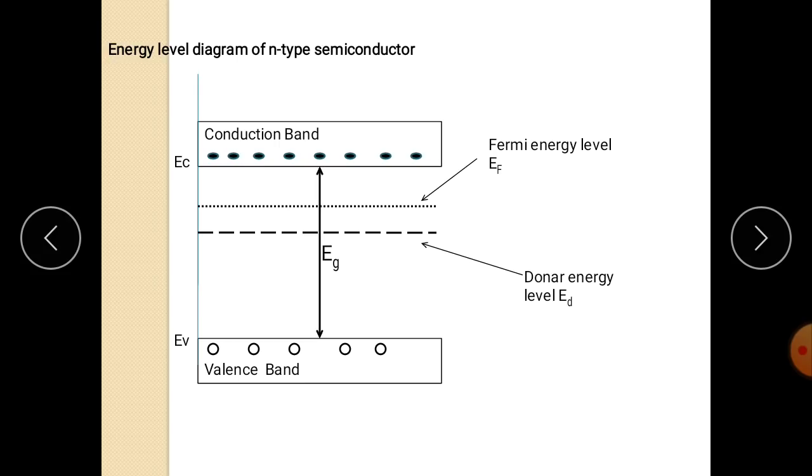The difference between the conduction energy level and the donor energy level is near about 0.01 electron volt. So very small thermal energy is required to excite the electrons to the conduction band.